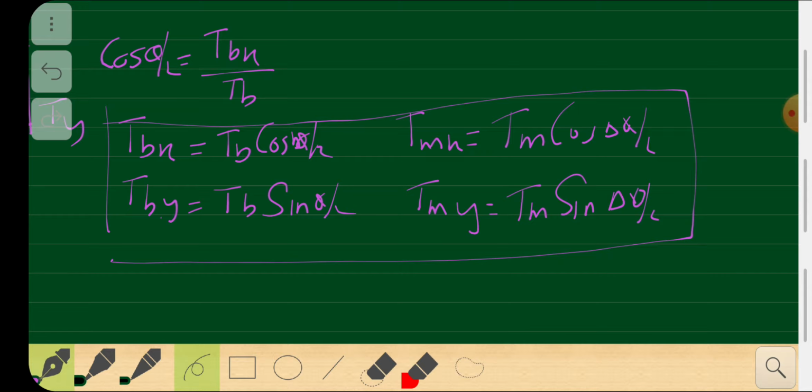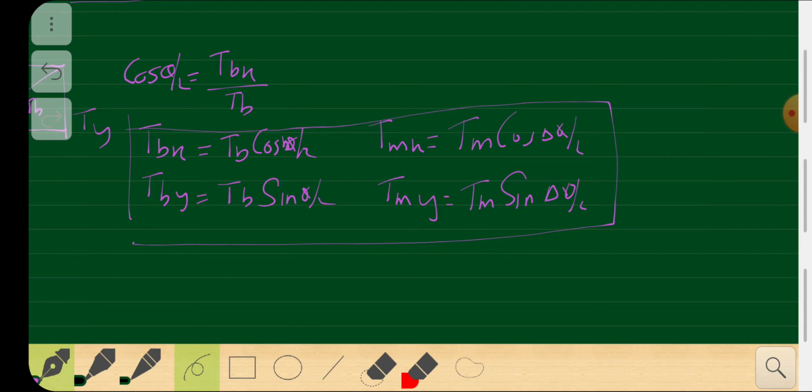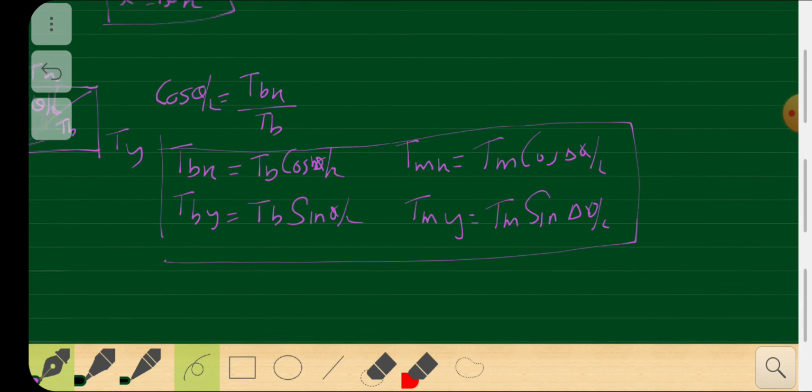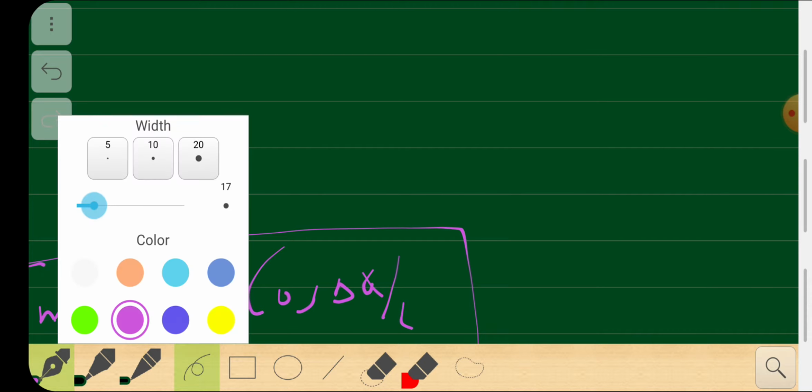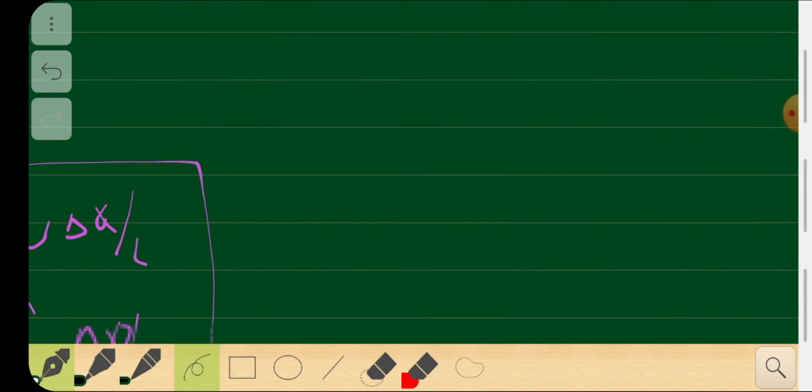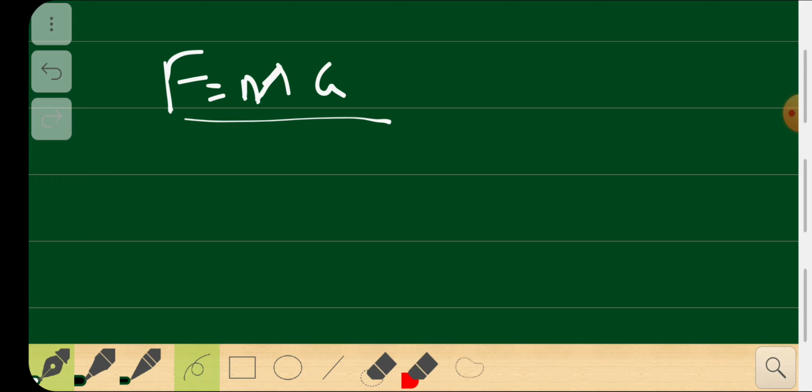Now let's find out what the forces are in the x-axis. If you now want to resolve this, let's apply Newton's laws, F equal to ma, right? That's the easiest thing that we know to apply, the basic thing we know to apply.